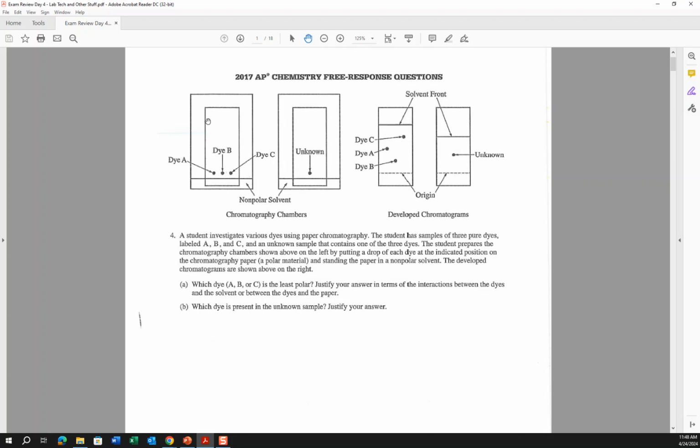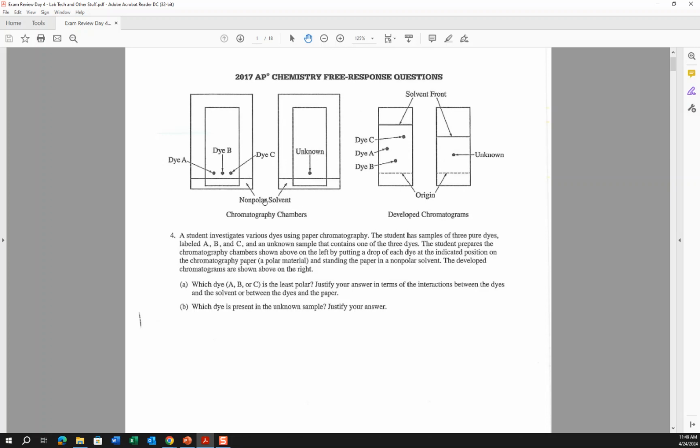Is the chromatography paper polar or nonpolar? And then is the solvent polar or nonpolar? So you can see chromatography questions are basically just going to be understanding that like dissolves like, mixes with like, interacts with like. So polar will interact with polar and nonpolar will interact with nonpolar.